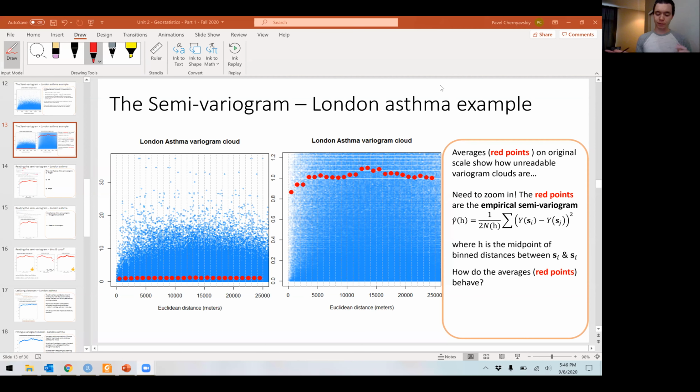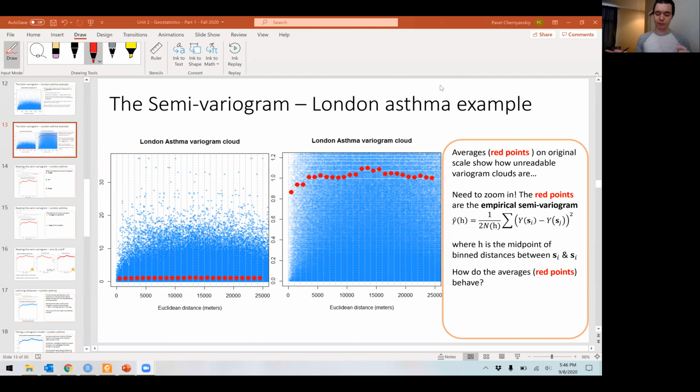And I think that's why people hate on variograms, because based on several arbitrary decisions, the shape of the variogram and what it produces could look quite different. But here, I feel I'm using pretty reasonable options. I'm finding distances up until 25 kilometers, because I know a couple of things about the city of London.